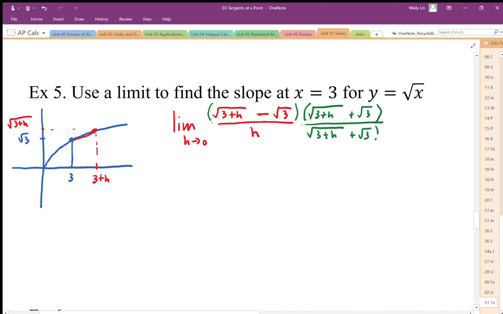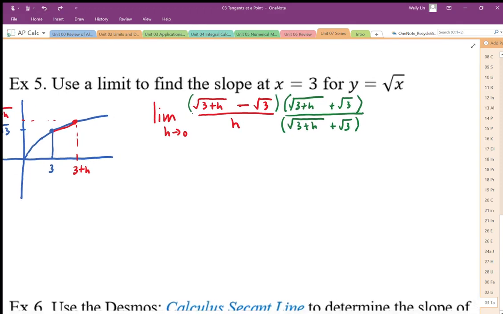Now, it does give me the square root h in the denominator, but this root h is not the problem. It's this divide by h that is the problem. That's the one we want to get rid of. So let's see what happens here. When I do that, I end up with the limit as h approaches 0.